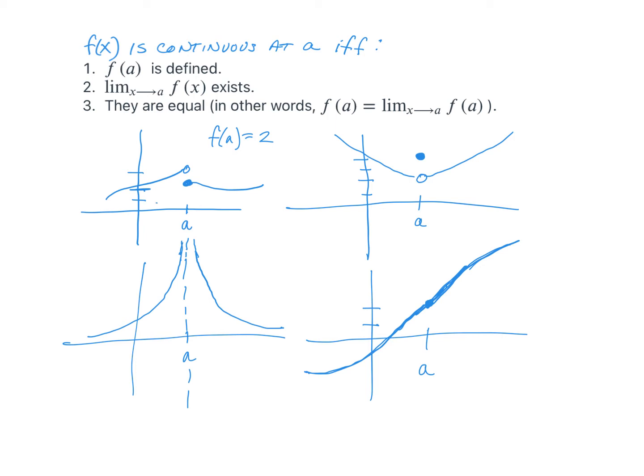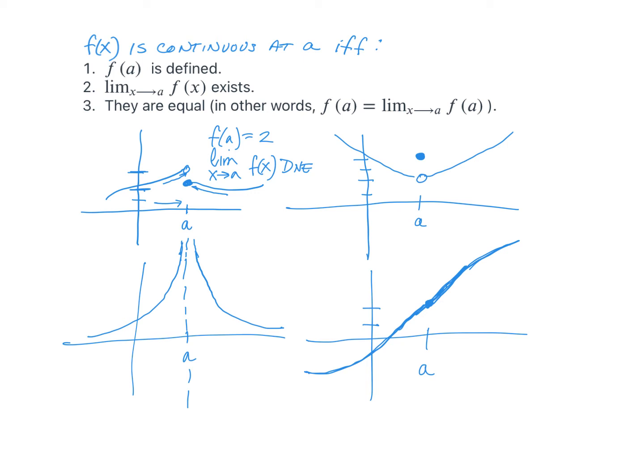From the left side, this graph is approaching a y value of 3, isn't it? But from the right side, the graph is approaching a y value of 2. So the limit as x approaches A of f of x does not exist, because approaching from the left side and the right side, they're not the same. Since the limit does not exist, the second criteria is not met, and therefore we can say that f of x is not continuous, or discontinuous, at A.